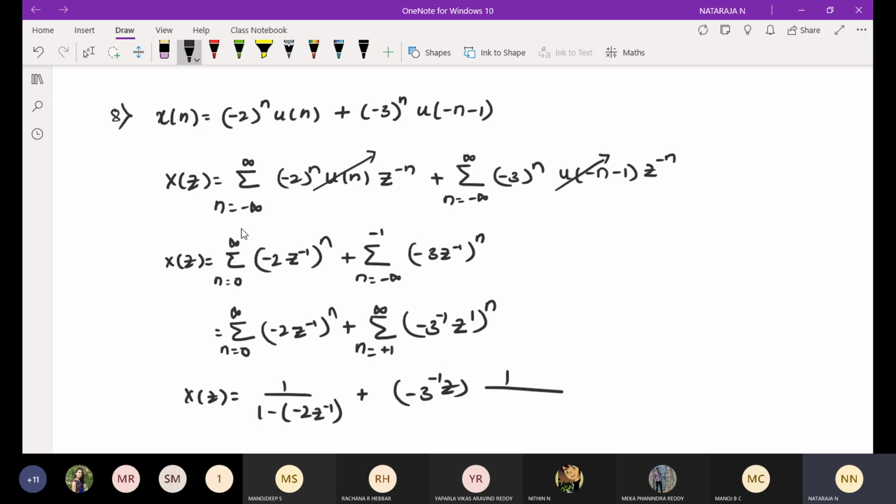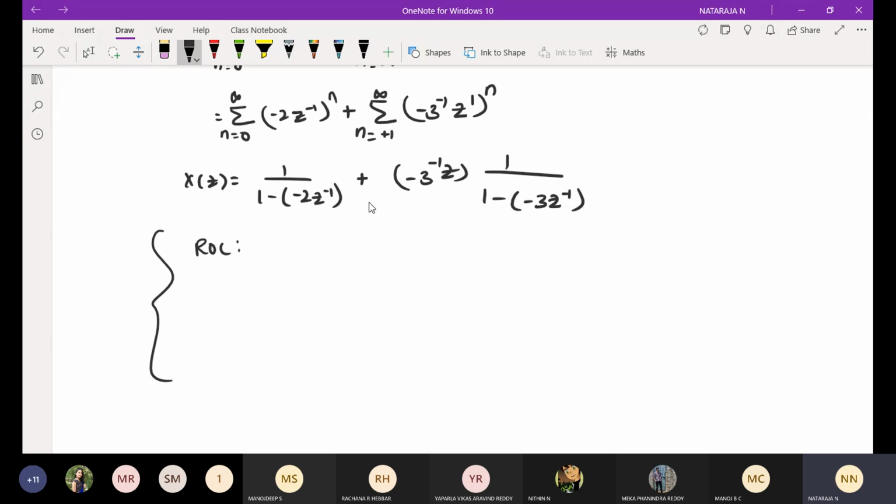First I am going to find the ROC, then we are going to solve the remaining equation. As of now we stop here. For the ROC we take the conditions: magnitude of minus 2 z inverse will be less than 1, and magnitude of minus 3 inverse of z will be less than 1.